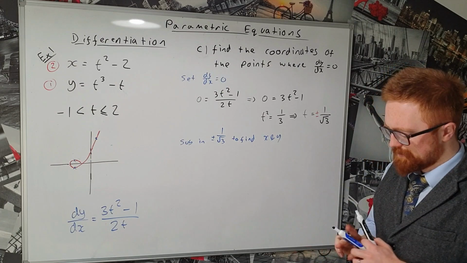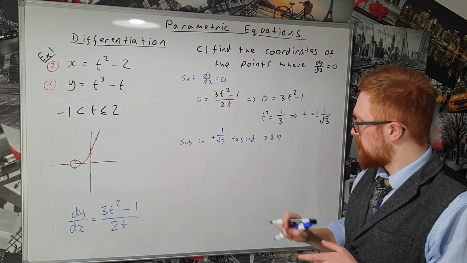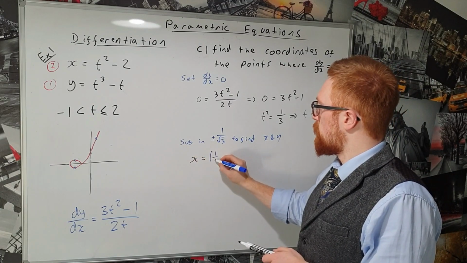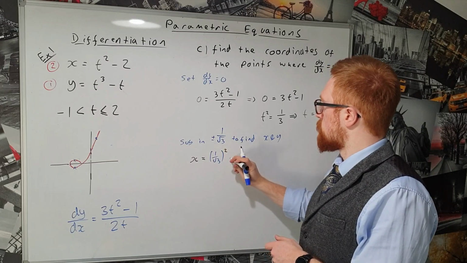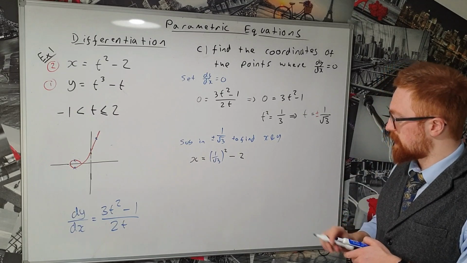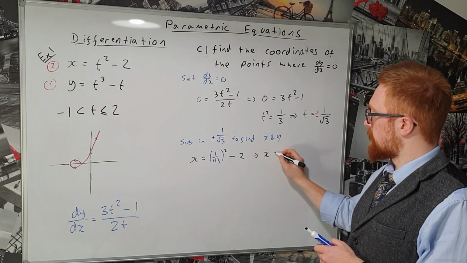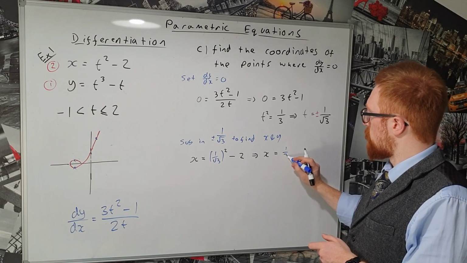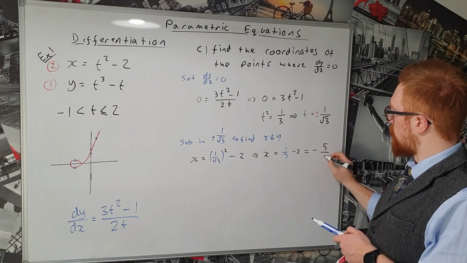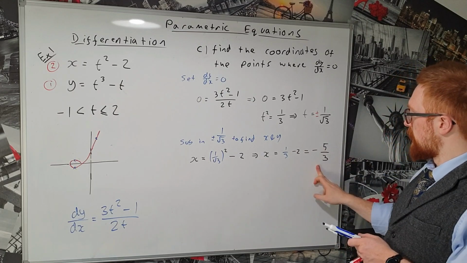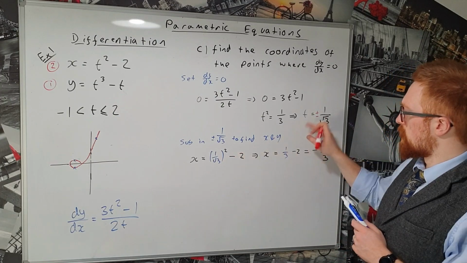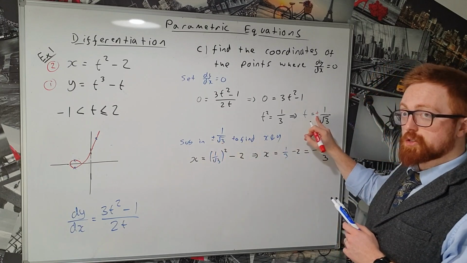to find x and y. So let's start with x first of all. So we get x is equal to 1 over root 3 squared, take away 2. Now 1 over root 3 squared, that's just going to give me a third. So we get x is equal to 1 over 3 minus 2, which is equal to negative 5 over 3. So our value of x is negative 5 over 3. Now, we've only substituted in our positive version there, and we also need to substitute in our negative version.